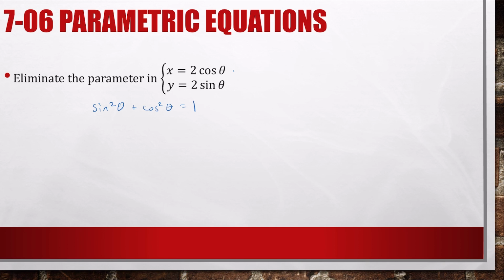So if I take this first one and solve it for cosine, which would be x over 2, and the second one and solve it for sine, which would be y over 2, I could substitute those.